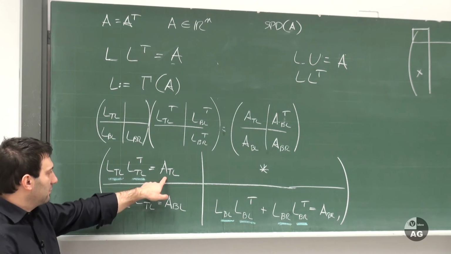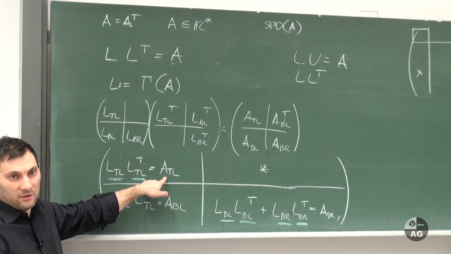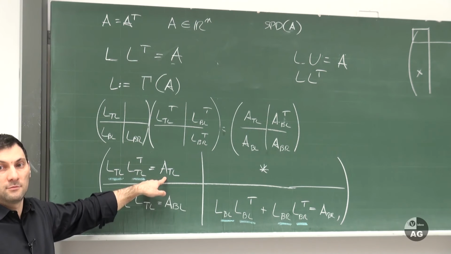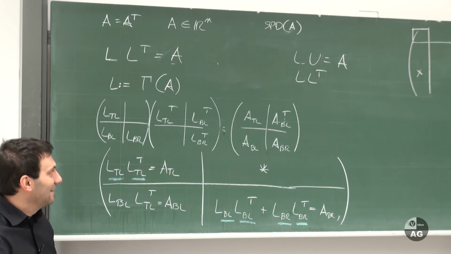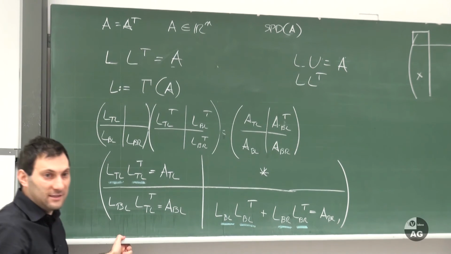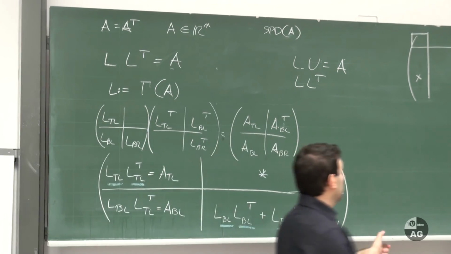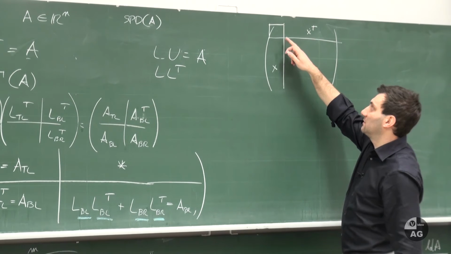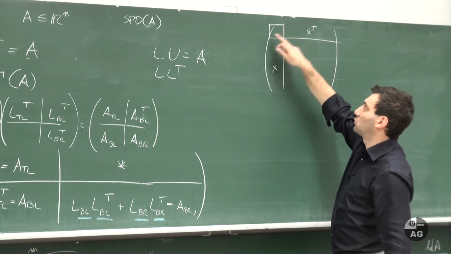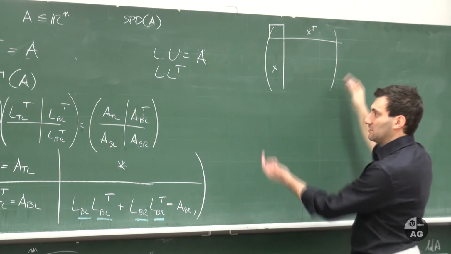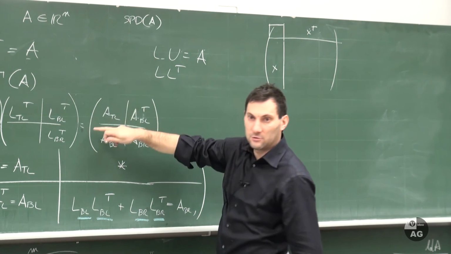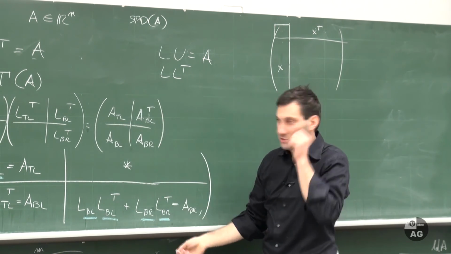Now the question is, is A top left symmetric? You said it is. I said it is, yes, not because I said it, but because I made sure that it was. It's a square, and if you take a symmetric matrix and you cut off a square out of the diagonal, that is for sure symmetric.